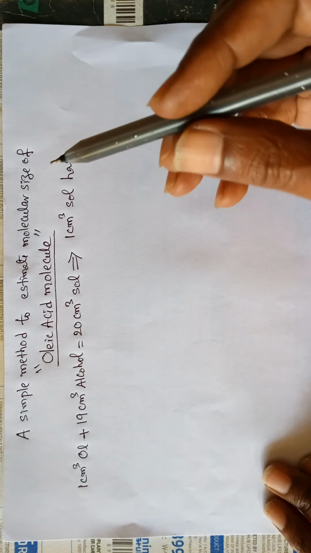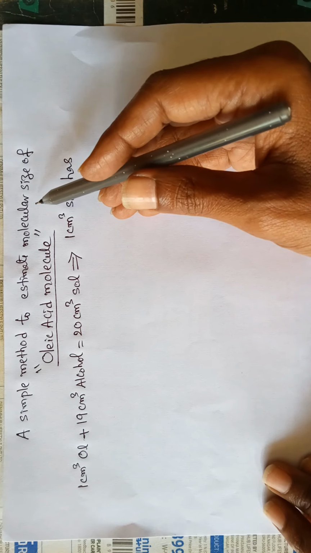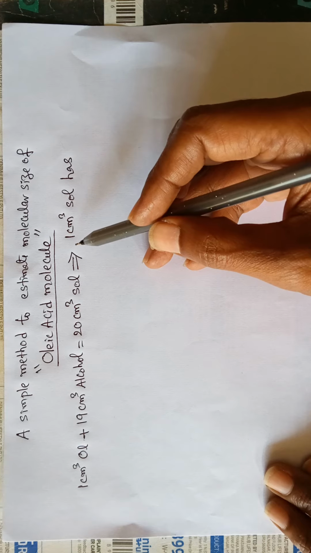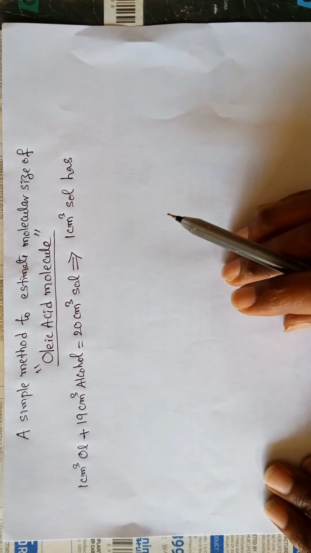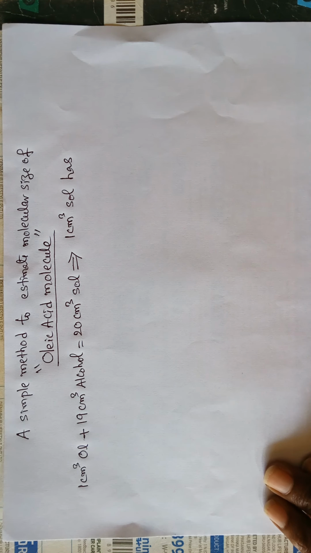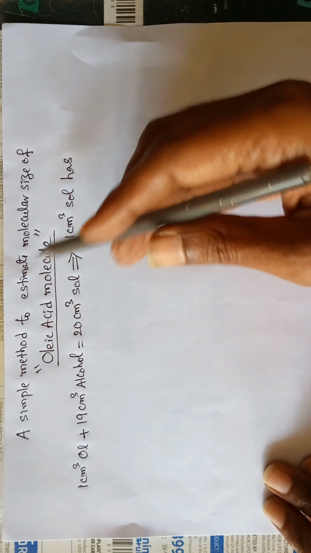A simple method to estimate molecular size; we are choosing here the oleic acid molecule. You don't need an optical microscope, electron microscope or tunneling microscope. Just a simple activity, using which you are going to find the diameter of an oleic acid molecule.